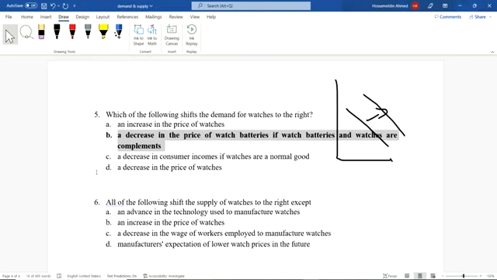So decreasing consumer incomes will lead to a decrease in the demand for a good, not an increase in the demand for that good. Number D, a decrease in the price of watches, is totally wrong, because decreasing the price of watches will lead to an increase in the quantity demanded of watches, not increasing the whole demand curve.